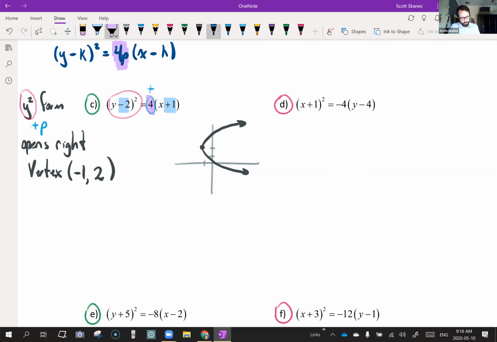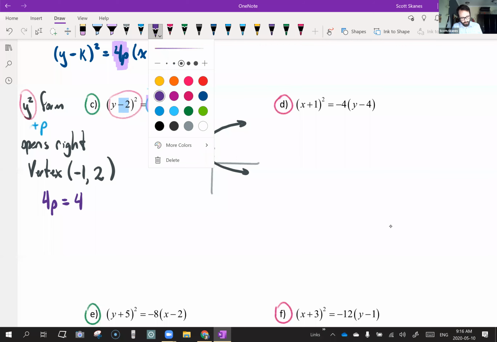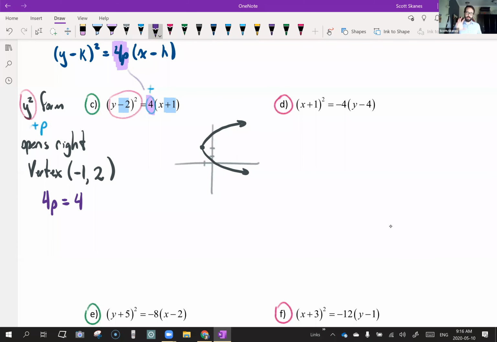So more specifically, that means that 4p must be equal to 4 in this particular case. You'll notice that they're related here. Let me just connect them. 4p equals 4 because of the way that these equations match. That means that p must be equal to 1. That's now our distance from the vertex. I'll write this down. This is the distance from the vertex to the focus, and also the vertex to the directrix.